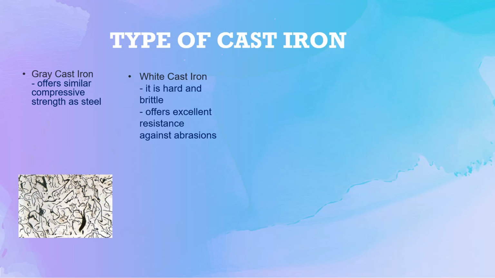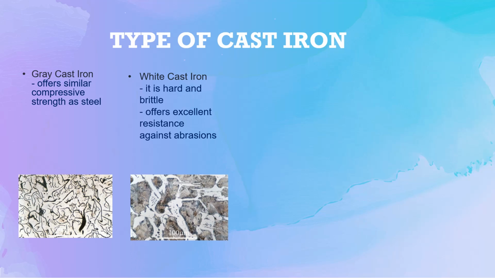Like grey cast iron, white cast iron also features many small fractures. You guys can also see the picture in the slide. The difference is that white cast iron features cementite below its surface, whereas the grey cast iron features graphite below its surface. The graphite creates the appearance of a grey color, while the cementite creates the appearance of a white color.